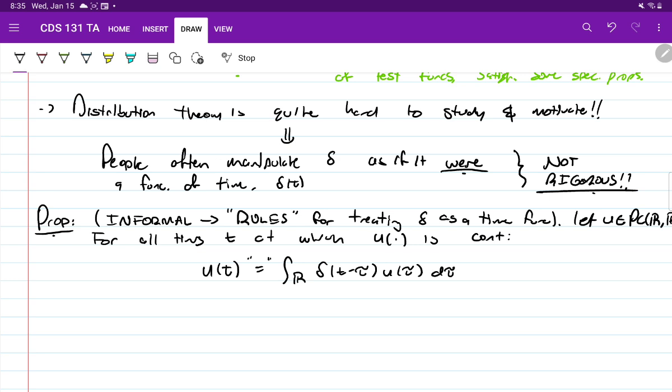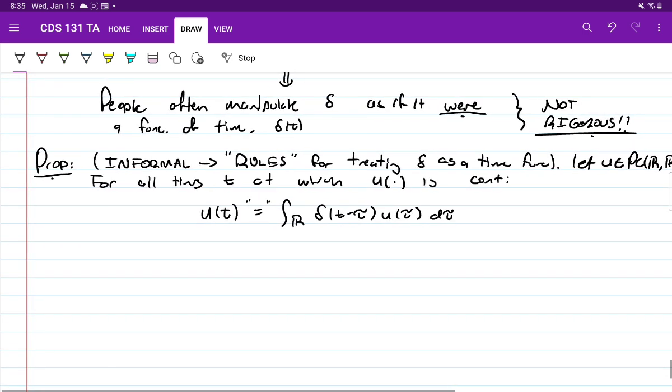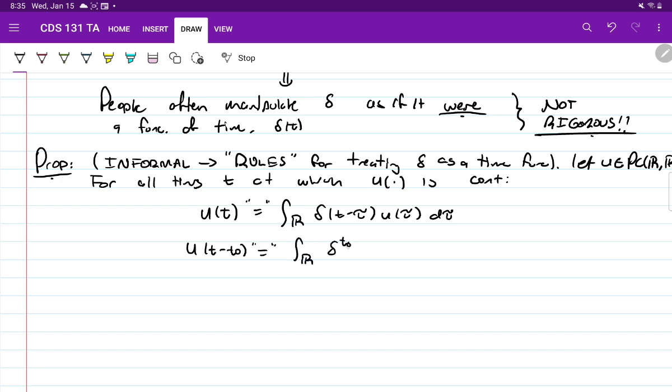Remember, delta is not truly a function of time, but for convenience, this is how people often write it, okay? Then u of t minus t naught equals the integral over R of the shifted delta, delta of t naught, t minus tau, u of tau d tau. This is if u is continuous at t naught, right?